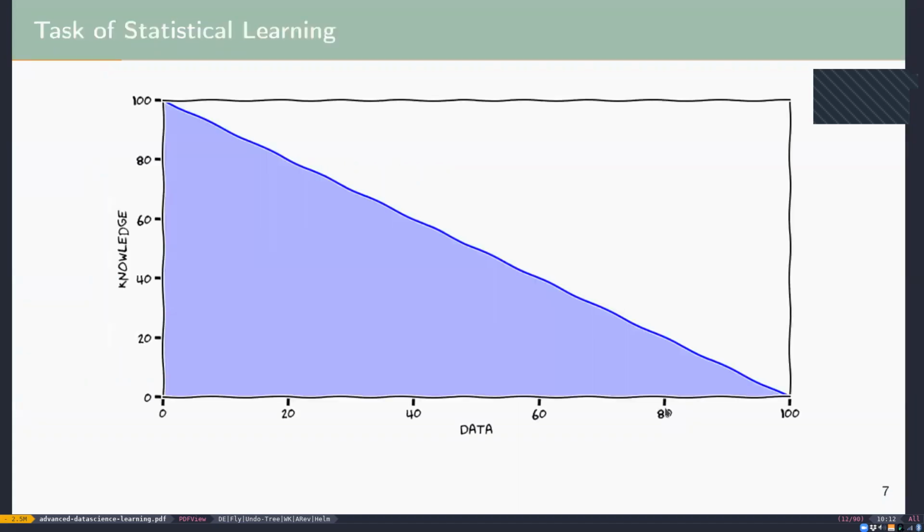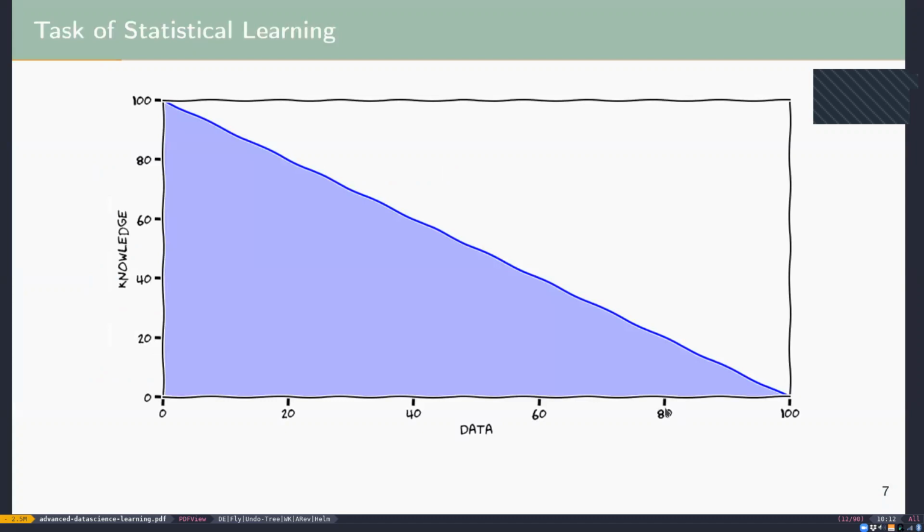Some of you have seen this plot before because I like to use it to put machine learning into context. Let's assume that we have a setting, some problem where we can gather data. If you're at 100, that implies you've seen everything that's ever going to happen.